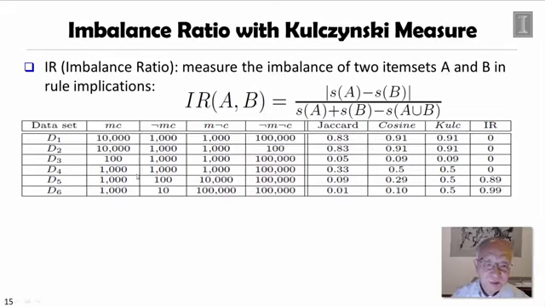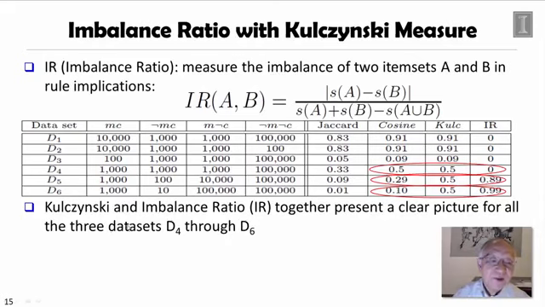Then you proceed for the same cases in the last 3. The Kulczynski measure holds firm at 0.5, but for the imbalance ratio, D4 is 0 because they are really balanced. D5 becomes 0.89, rather imbalanced. And D6 is very imbalanced. So imbalance ratio really can show you how balanced the two sides are.